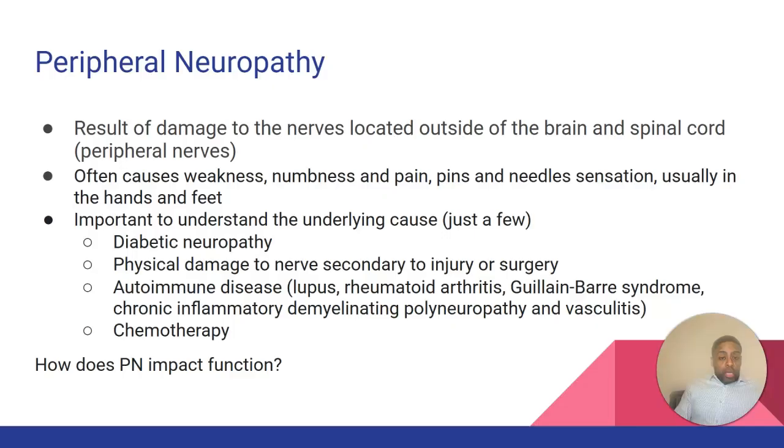It essentially could involve one nerve or it can involve multiple nerves, right? So when multiple nerves are involved, it's called polyneuropathy. It's important to understand the potential cause of this neuropathy, particularly for understanding the medical management of it, but also the therapeutic approach as well.